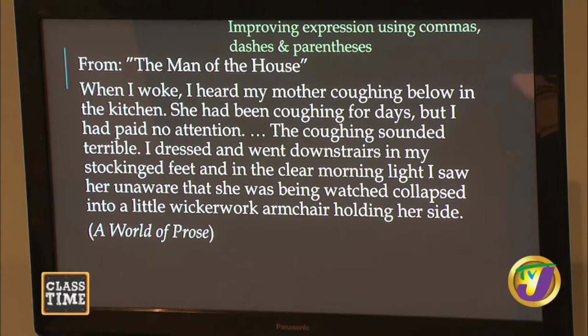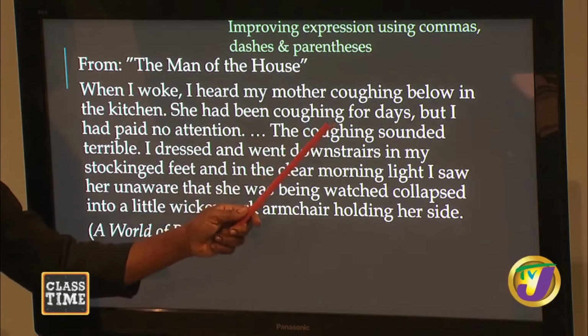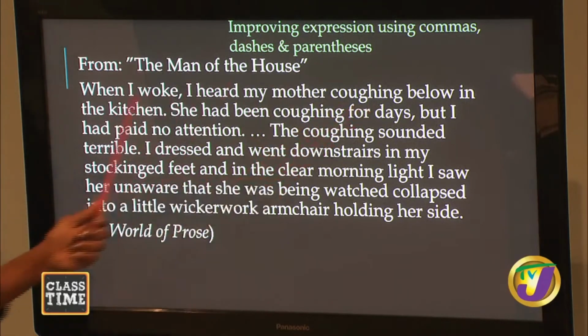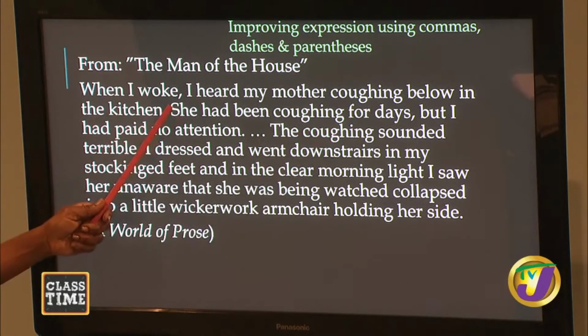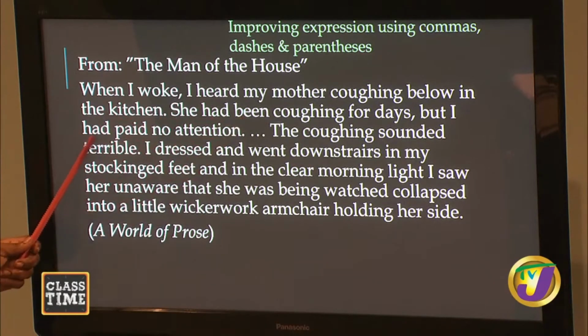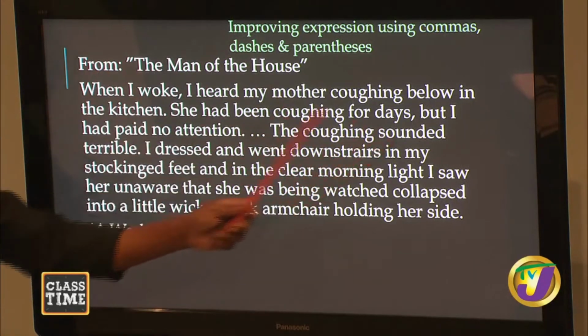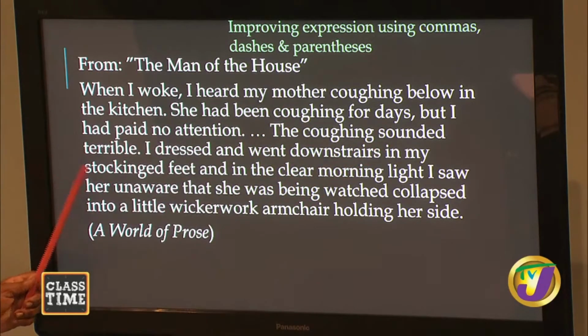So the narrator is speaking, the little boy, and he says, when I woke, I heard my mother coughing below in the kitchen. She had been coughing for days, but I had paid no attention. The coughing sounded terrible.